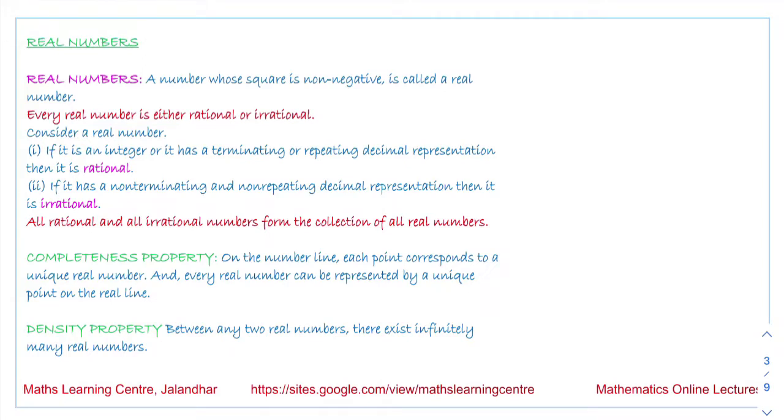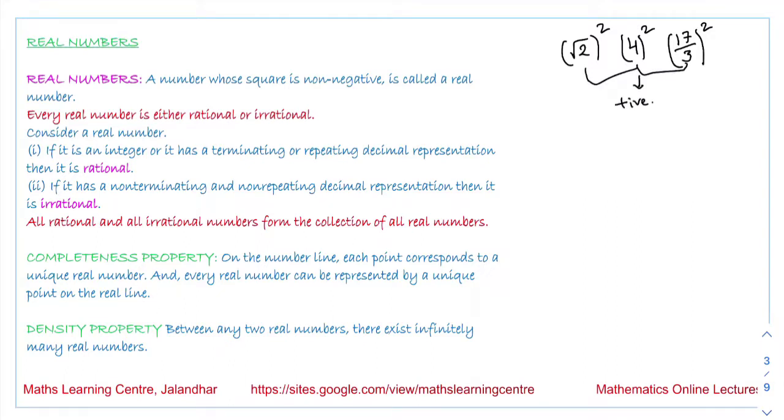So what we are saying is, suppose I am talking about the number square root 2, the number 4, or the number 17 by 3. If we square all these numbers, then all of them will be positive.